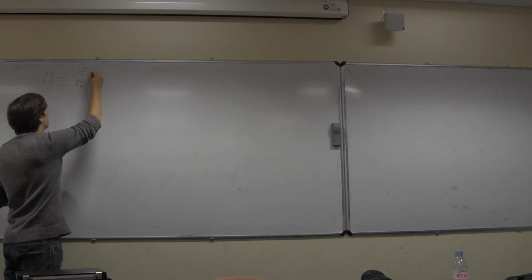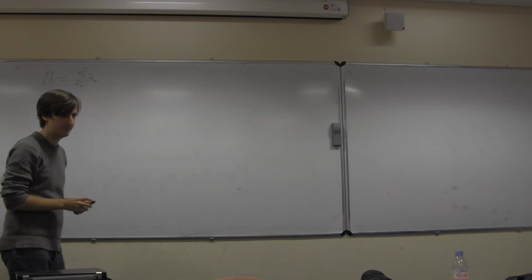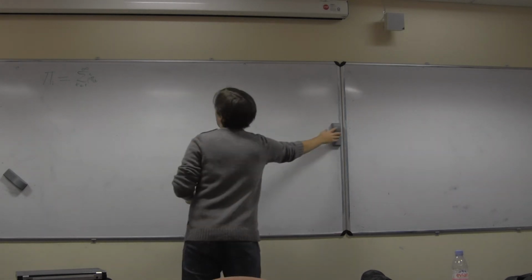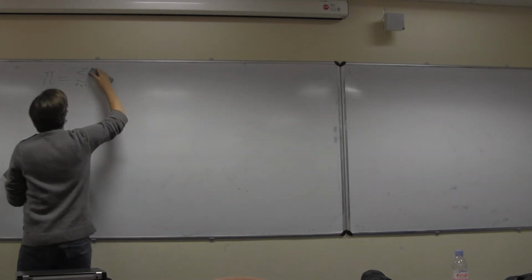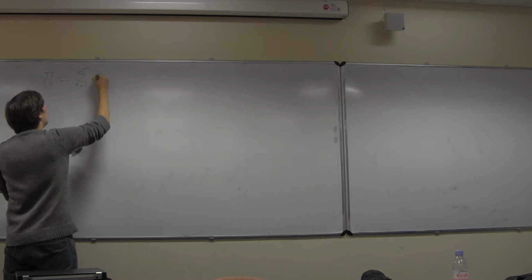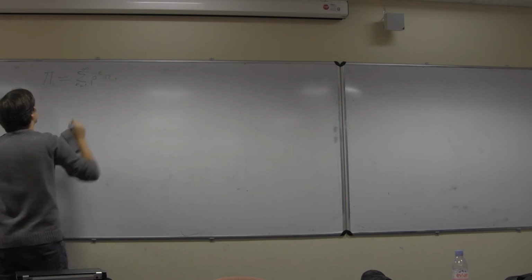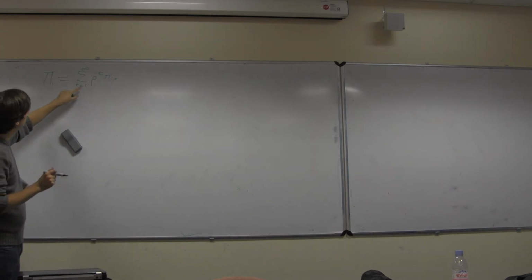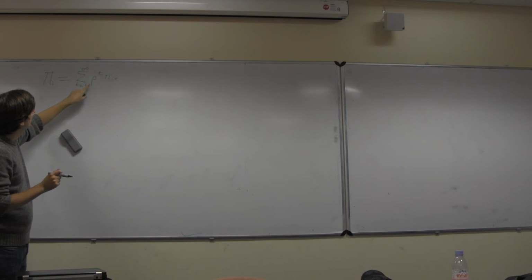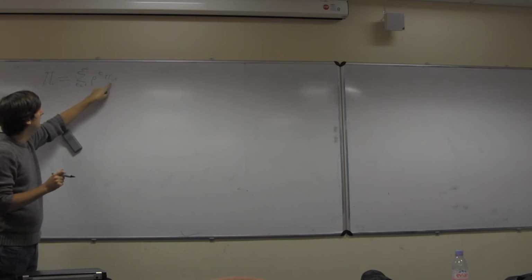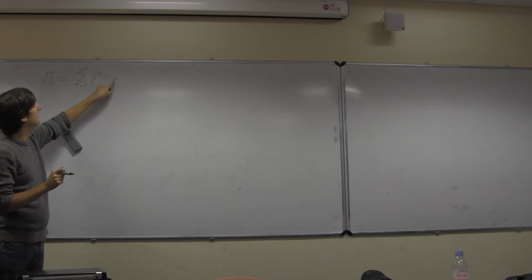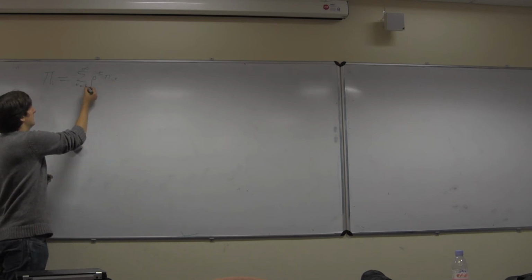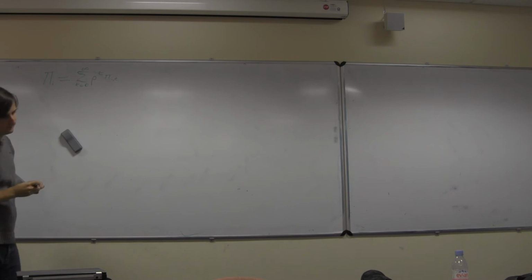So rho to the power of t times pi i t. Total profits for firm i are this discounted sum. Rho is the discount factor times the profit firm i makes in period t.